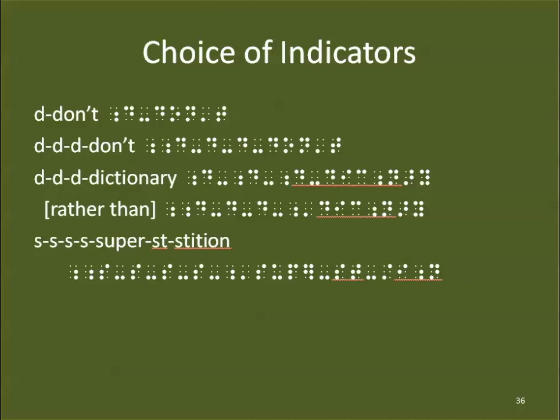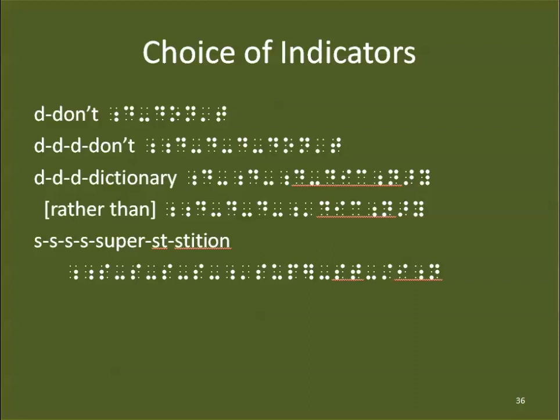So we have a grade 1 symbol indicator in front of each of those 3 Ds, so that we can just go right into using contractions for the word dictionary. That's better than using the grade 1 word indicator and then having to terminate it for dictionary. It takes 1 more cell to do that.